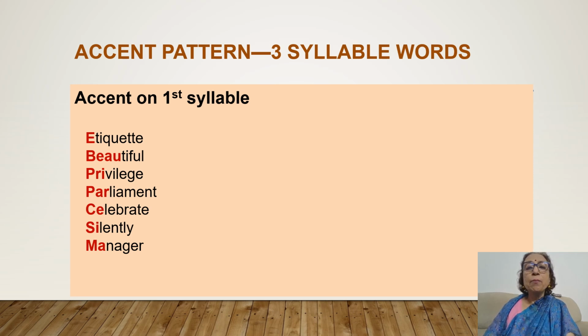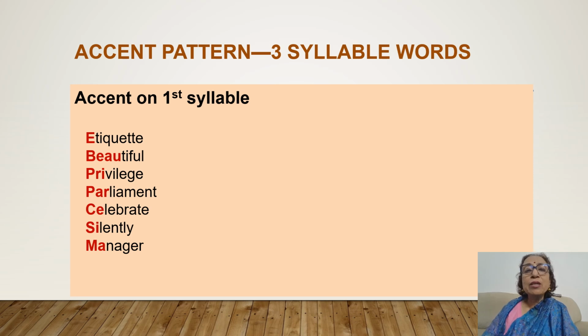Then you have parliament. You have the form par, 1 syllable, stressed, lia, 1 syllable, meant, 1 syllable. Ear is a diphthong. I explained to you double vowel sounds, but they are considered as a single vowel.